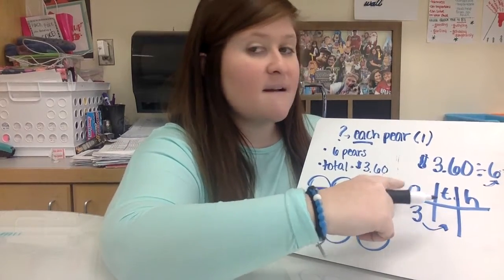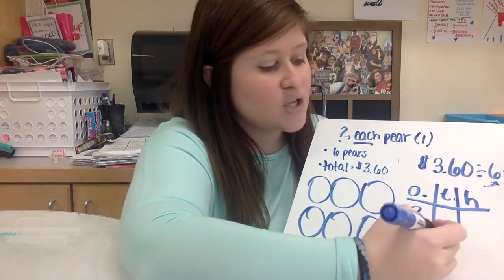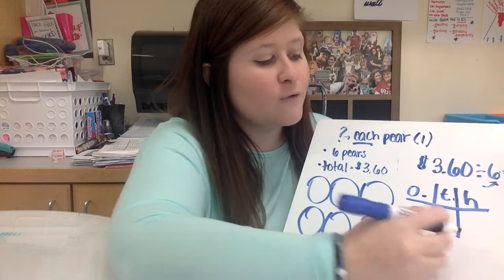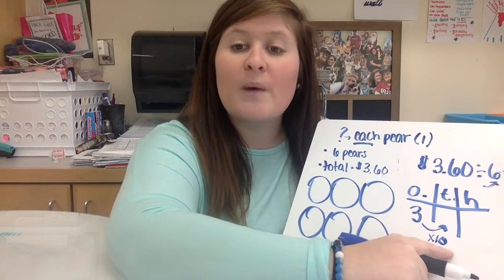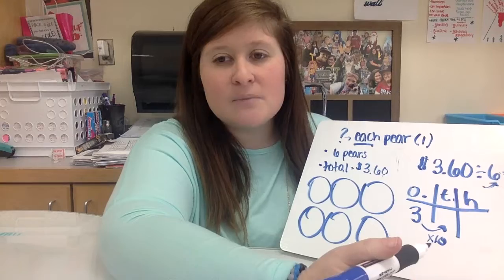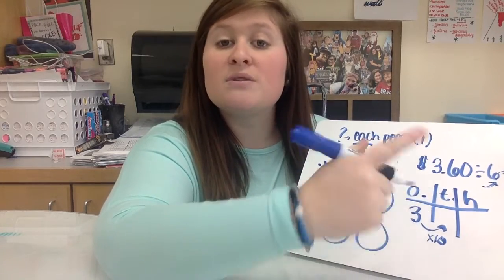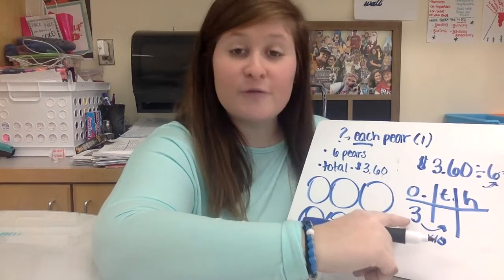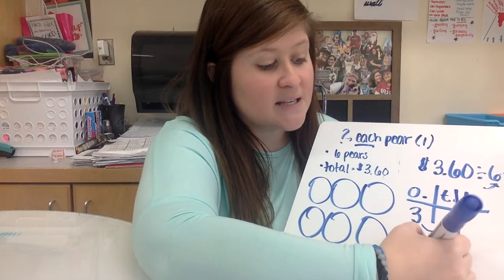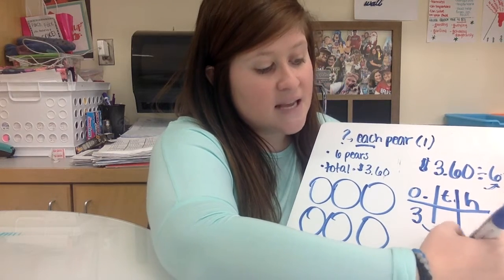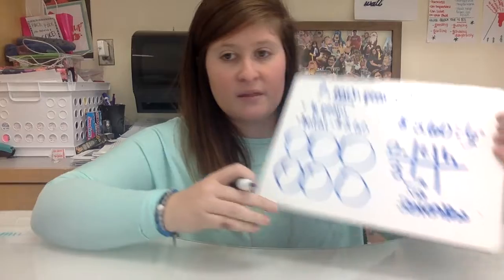Well, a 1 is 10 times the size, so when I'm moving it over, I need to multiply that number by 3, essentially as dimes. $1 is equal to 10 dimes. So if I have $3, my tenths place is now 30 tenths that I'm going to start working with.